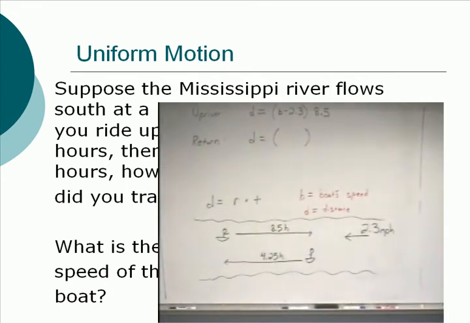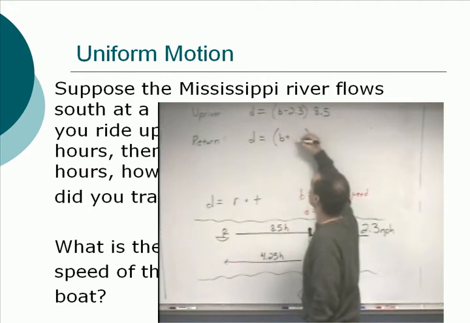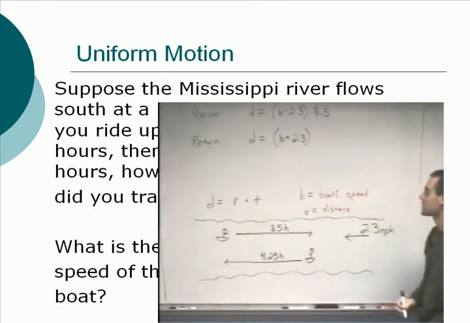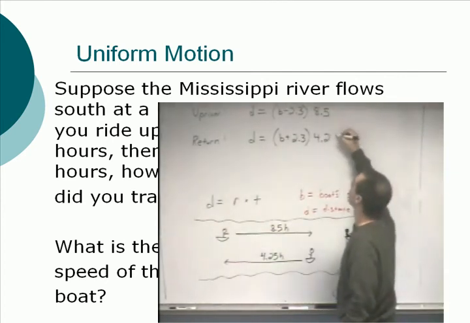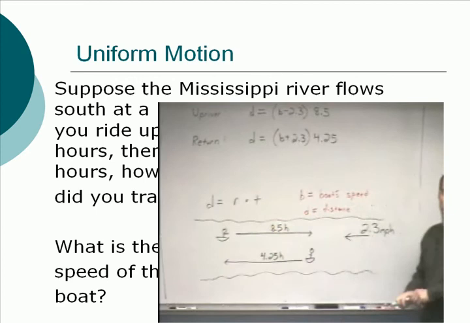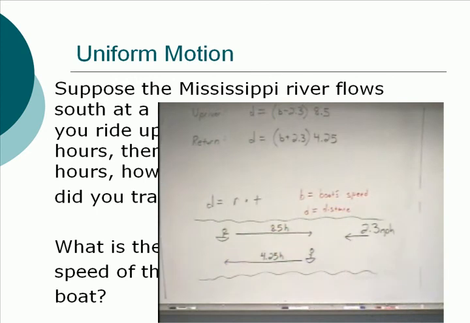It's going to push us along, and our new rate going downstream is B plus 2.3. So that's our rate, and our time returning is 4.25. There's our setup. B and D are the two things that we want to know.